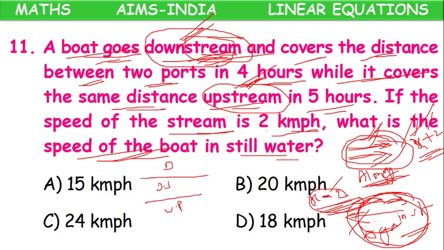While coming back upstream, the distance is same. Same distance they have traveled, but speeds are different and time taken is also different. During downstream it has taken 4 hours. During upstream it has taken 5 hours.